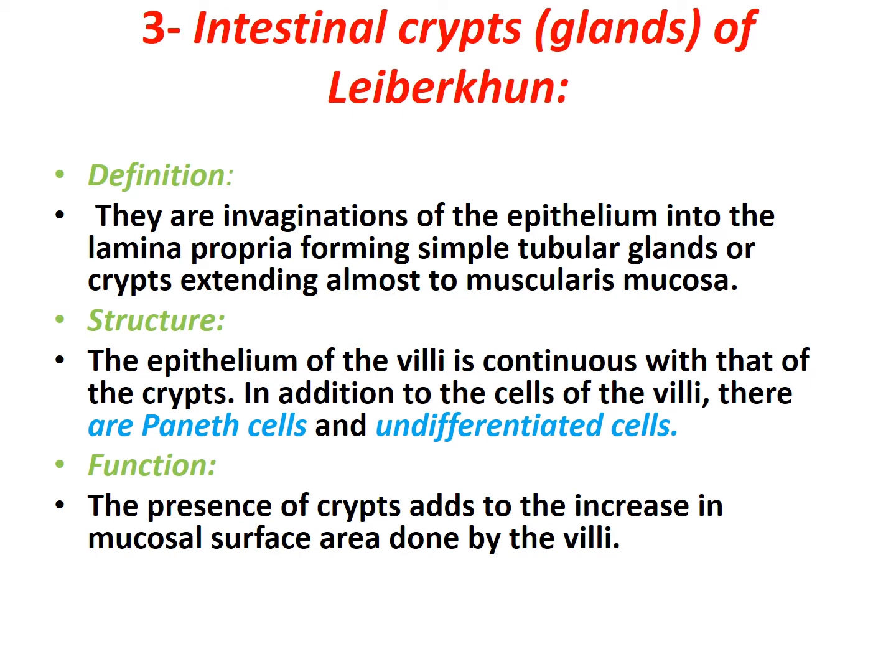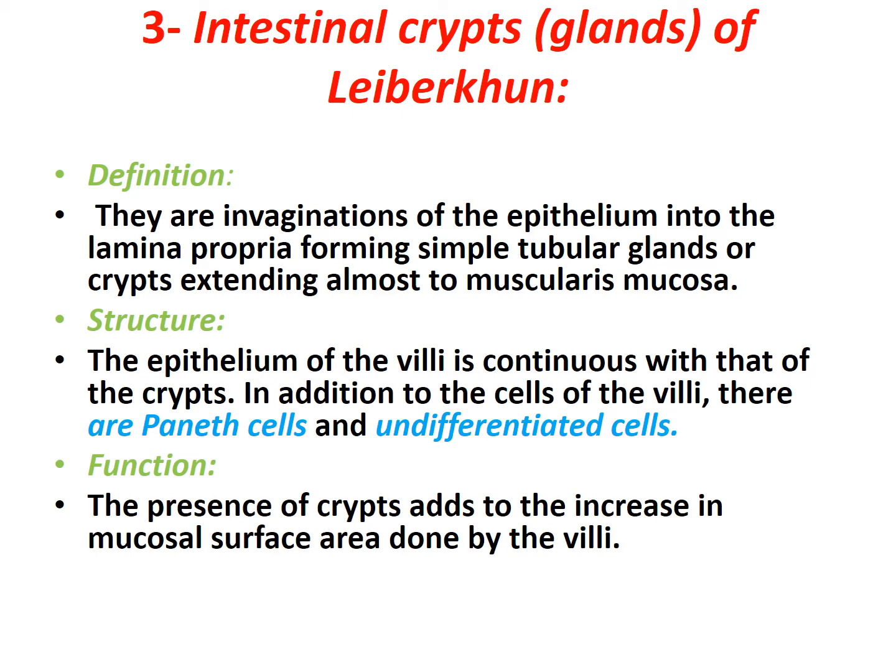What is the structure of the crypt? The epithelium of the villi is continuous with that of the crypt, and we add two cells. We said previously that the epithelium of the villi is formed of simple columnar absorptive epithelium plus goblet cell plus enteroendocrine cell.